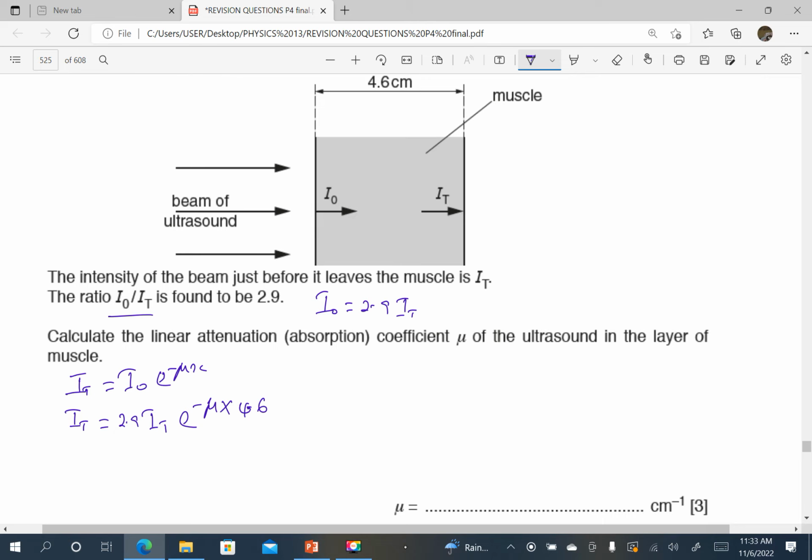So we introduce natural logarithm. You will notice that actually ln of 1 over 2.9 is going to be equal to negative mu times 4.6. So I press my calculator.